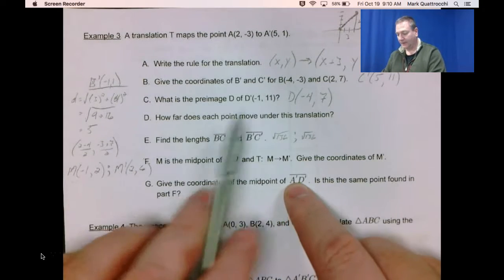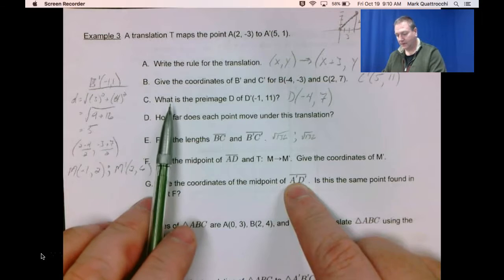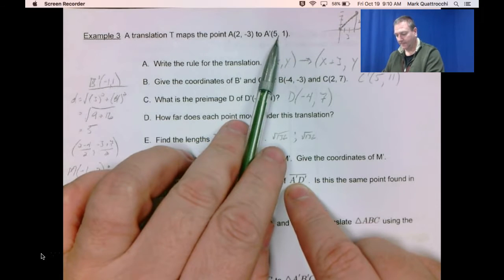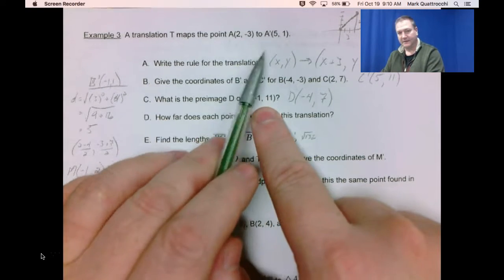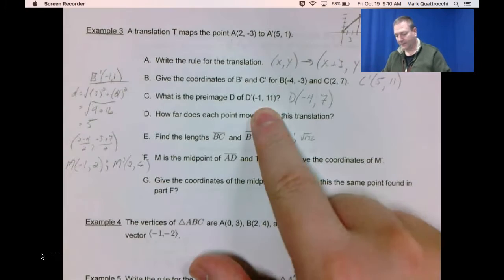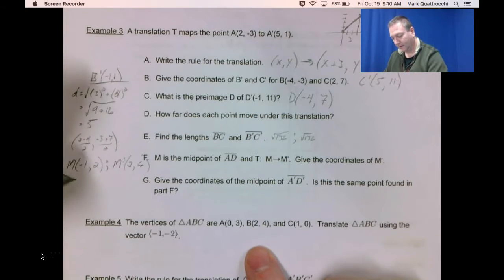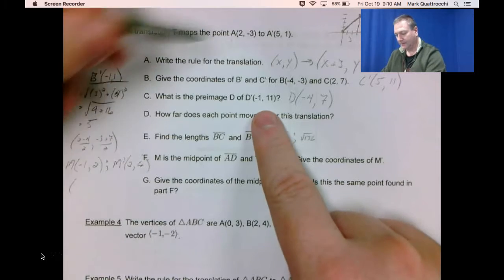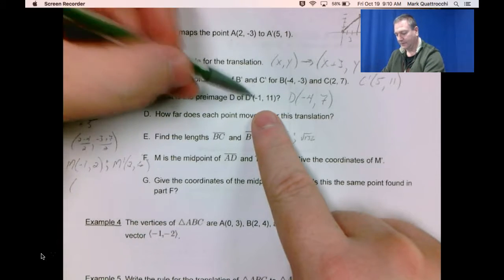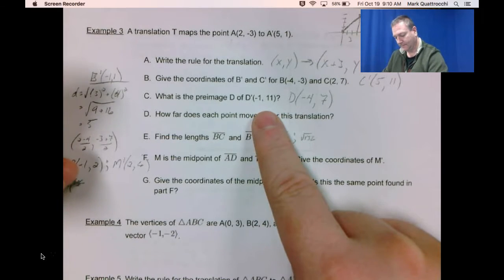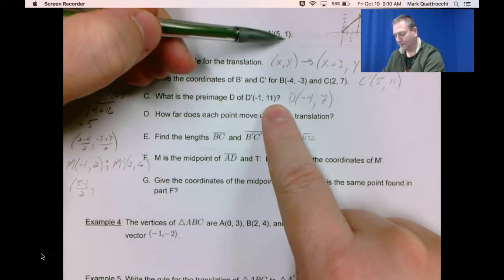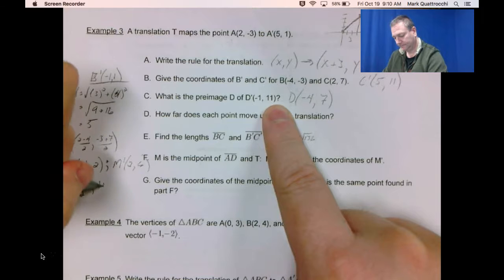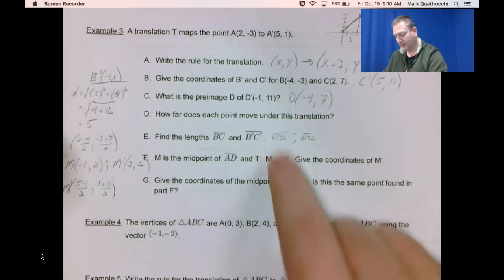So now we have A prime here, and D prime here. So we're going to find the coordinates of the midpoint of A prime, D prime. So we go 5 plus negative 1 over 2, 1 plus 11 over 2. This is going to be M prime.